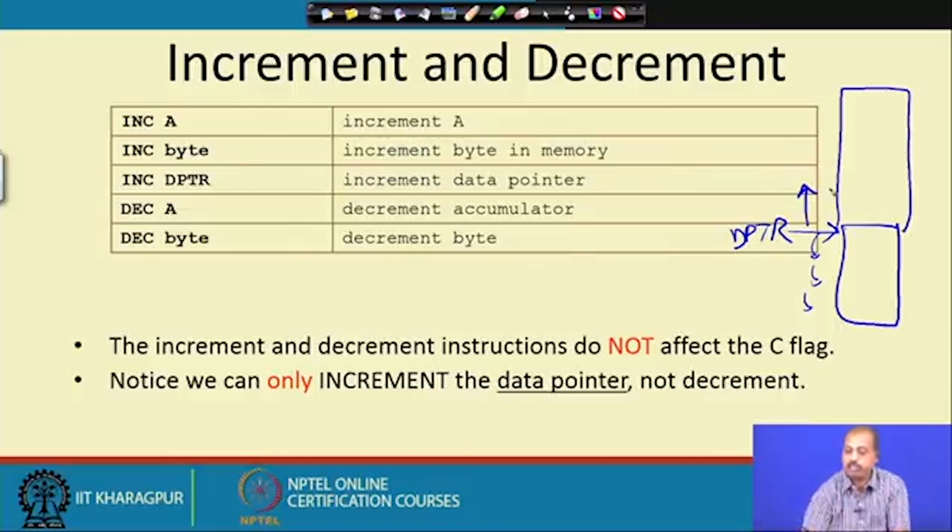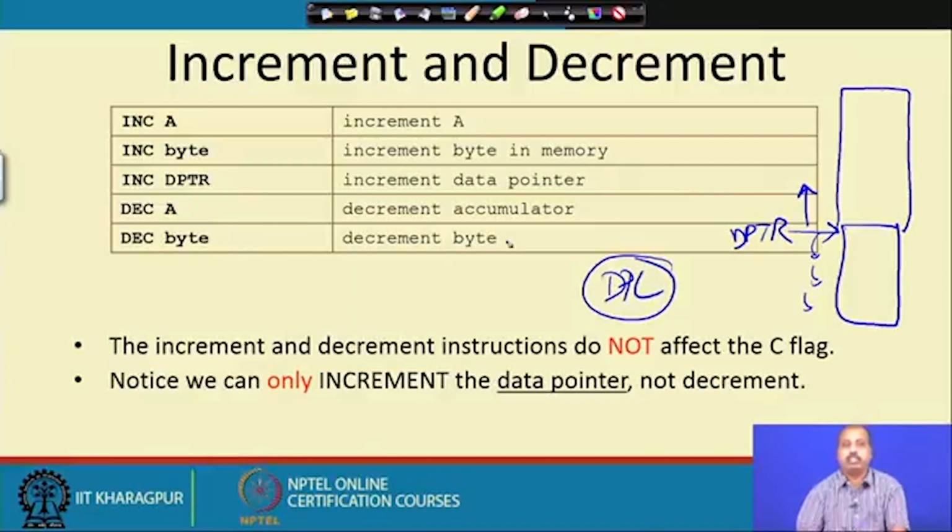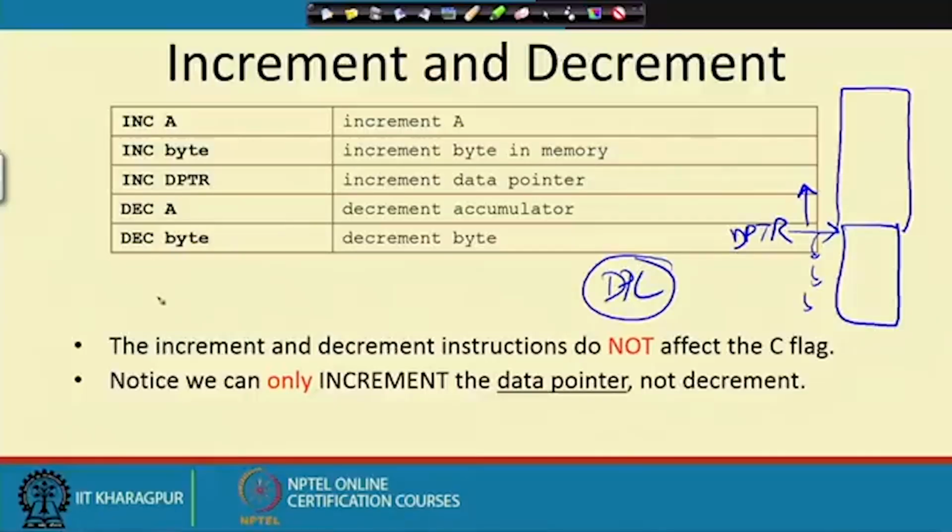You cannot decrement the DPTR value. For that purpose you have to use the DPL register. You can increment and decrement the DPL, but whenever you are using the pair, you cannot do this. DPTR is always increment only.